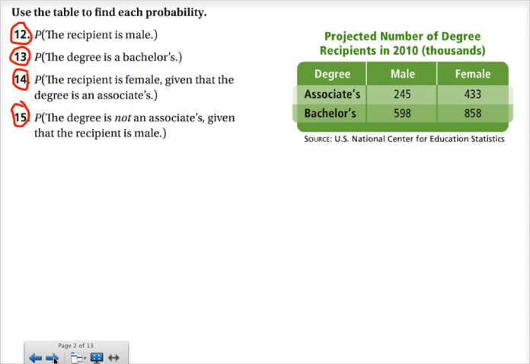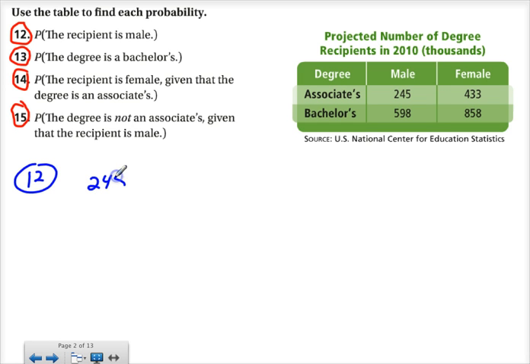On the next page here, I have another chart. We're still going to use this chart. Again, we're watching for that given business to know that we don't have to use the whole thing. But in 12, it says the recipient is male. And that means out of everybody in the chart, we want to focus on the males.